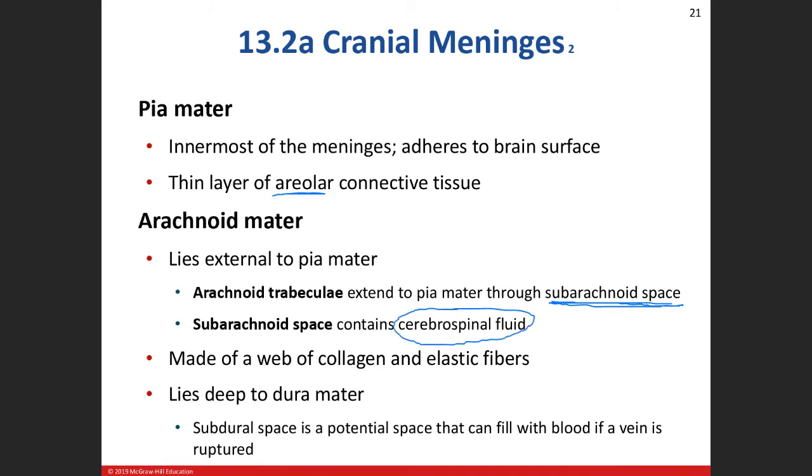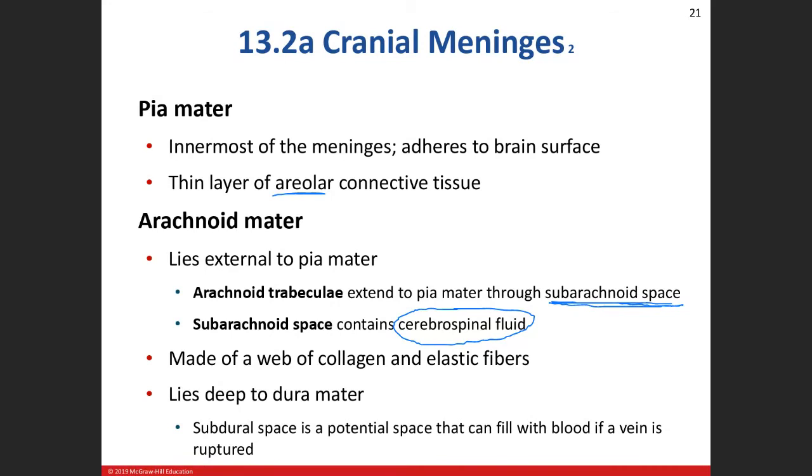If you need to draw some cerebral spinal fluid from somebody, does anyone know why you would take it? Meningitis. Okay. There are a couple of other reasons, but if you're suspecting meningitis, you insert a needle into this space and draw out some of the cerebral spinal fluid.